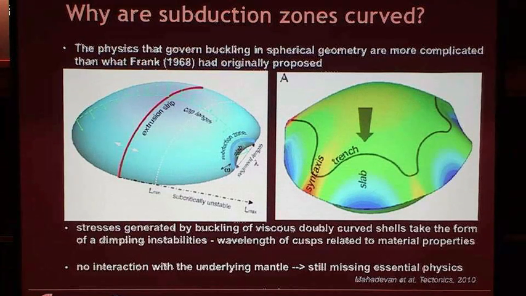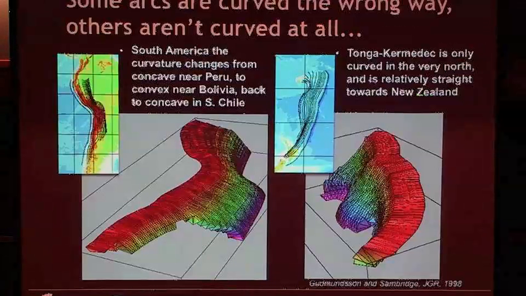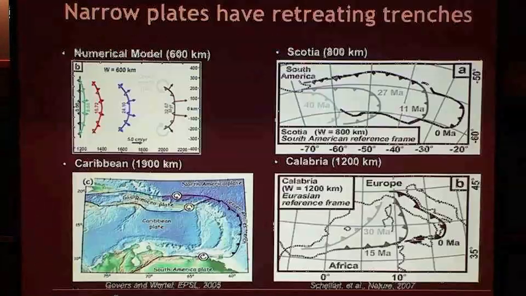This is a proper way to describe the instability in this geometry, but it's not relevant to the Earth, because along South America the curvature is in the exact opposite direction, and we need to be able to explain that some of these are curved quite variably along the trench. They don't look anything like a simple dent in a ping pong ball.